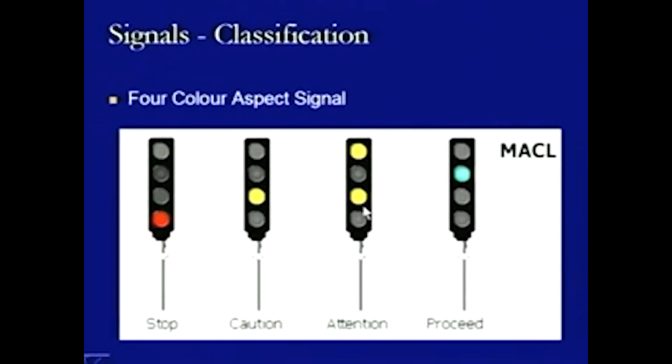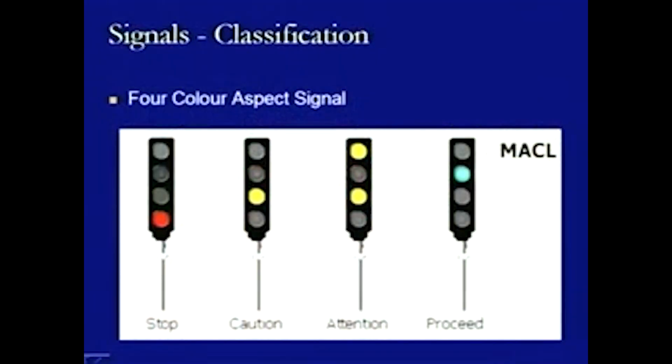This is a simple attention that you are moving at a high speed, and most likely you are going to get a green color on the another one also, but just pay attention that you have another signal very near. And proceed means that there is a green color, and therefore, it is defining that the train is allowed to move at the full speed, and at the next signal also you probably will be allowed to move again with the next full speed.